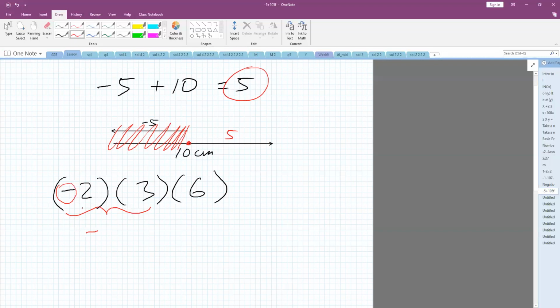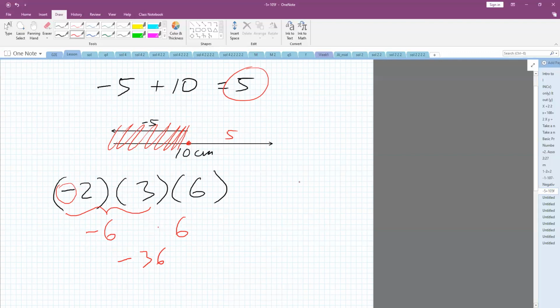So negative 2 times 3 gives us negative 6. Oh, okay. Negative 6 times, and then now you multiply with another number, in this case negative 36. Yeah. So this calculation will still use the idea that you know before.